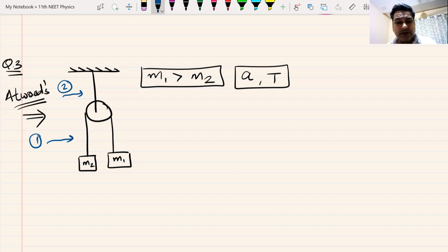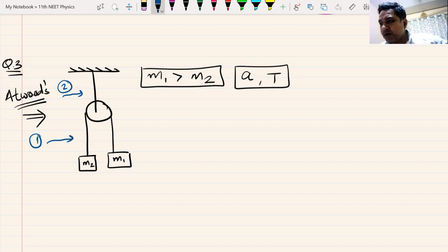Can anyone tell me how this system will move? There are only two possible ways in which this system can move. Obviously, they're not going to move sideways. They're going to move up and down.